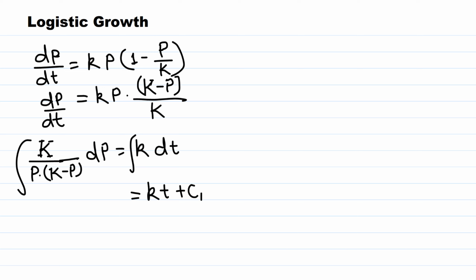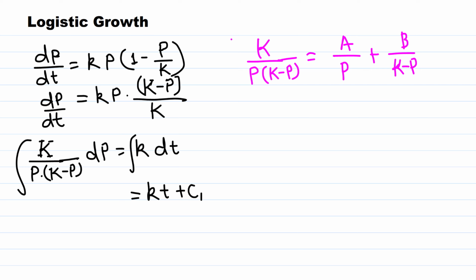Here we got a product on the bottom. P is the variable, so partial fraction decomposition. So K over P(K minus P) is A over P plus B over K minus P. Let's say A and B. Okay, that means K equals A(K minus P) plus BP.